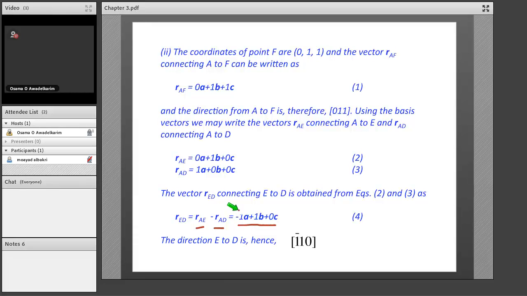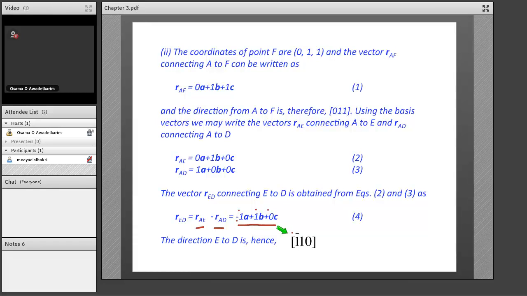So these are the coefficients of the vectors. We put these coefficients in a square bracket, but note one thing: because there is a minus sign here, I'm putting a minus sign on top of the first coefficient, showing that it's a negative direction. So minus 1 on top, 1, 0.